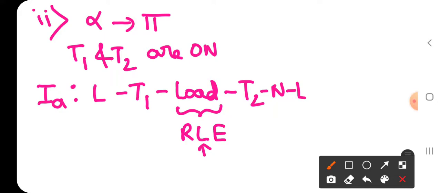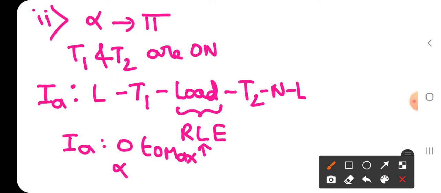So what happened to IA? IA will increase from 0 to maximum. 0 is at angle alpha and maximum is at pi. So then we have the circuit like this.